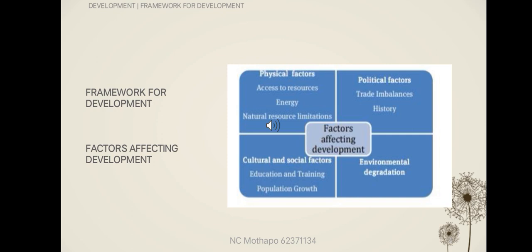The second one, political factors, which are trade imbalances as well as history. The third one is cultural and social factors, which are education and training, population growth. The final one being environmental degradation. As we move along, I'm going to be explaining each and every factor that I've mentioned and giving examples and also explaining how they affect development. So keep listening.